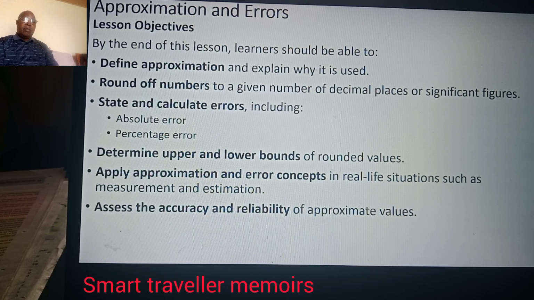By the end of the lesson, learners should be able to define approximation and explain why it is used, round off numbers to a given number of decimal places or significant figures, state and calculate errors, including absolute error and percentage error, determine upper and lower bounds of rounded values, apply approximation and error concepts in real-life situations, such as measurements and estimation, and finally, assess the accuracy and reliability of approximate values.